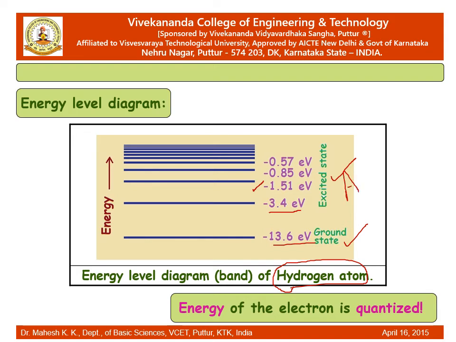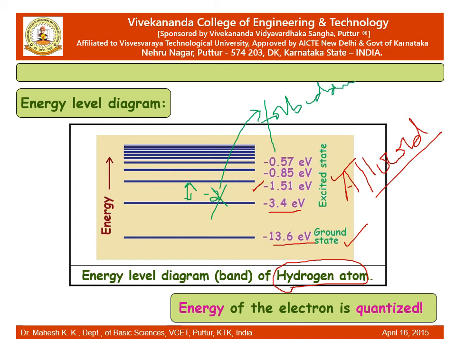Those values between the numbers, for example, between these, maybe here it is minus 3 and here it is minus 1, maybe here it is minus 2 you could write, but this value is not possible. That value is forbidden.